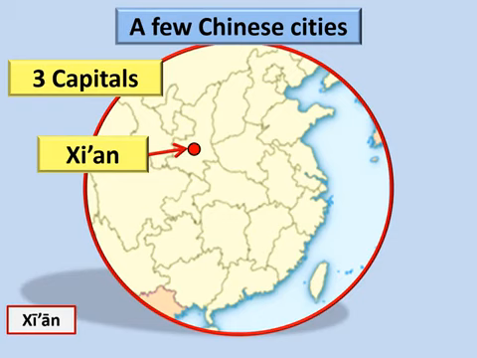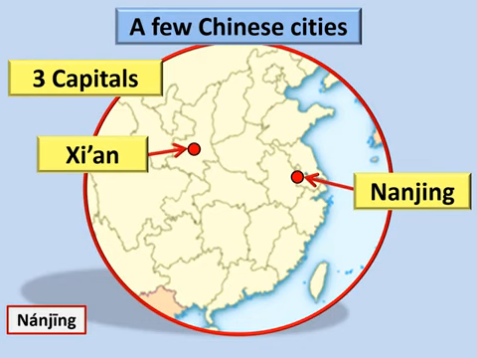Notice that the X is pronounced as sh. 南京 was the capital during the rule of 8 imperial dynasties, starting around 1,800 years ago. It was also the capital of the Republic of China during several periods. In the West, we used to call this city Nanking.